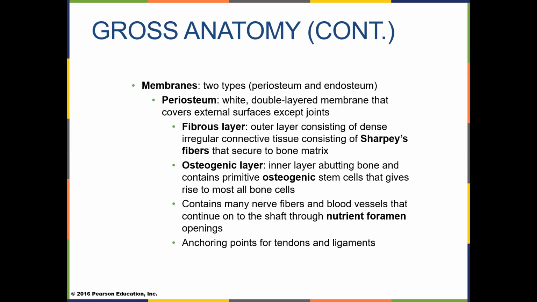And these layers will hold the blood vessels and nerves that are going to pass through what we call the nutrient foramens, the openings in the bone, because bone is not a completely solid fused surface. There are lots of openings. You saw that in the skull. Foramens are everywhere. We have lots of foramens. Couldn't see them on our models or the pictures here, but we have lots of foramens in our bones to allow blood vessels and nerves to go into and out of our bones.